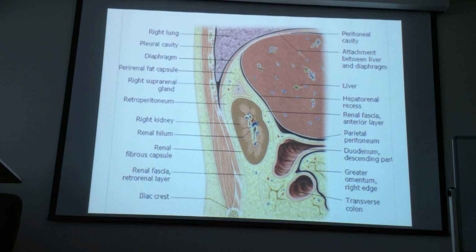And you have seen in the labs how thick the diaphragm is. It's just a sheet. So there is a probability. And this picture explains why this liver is pushing down the right kidney. On the left side, we don't have this big, huge lobe of the liver, so there is no such thing on that side. Yes, Nasu?